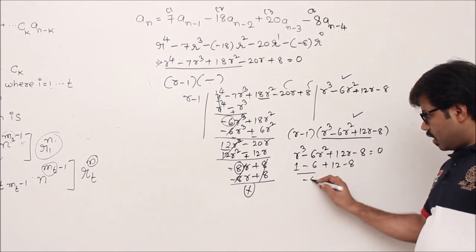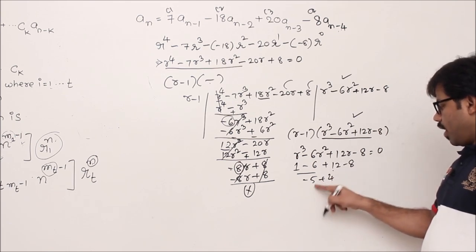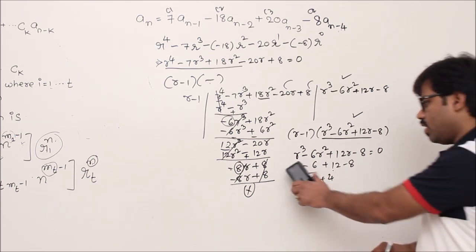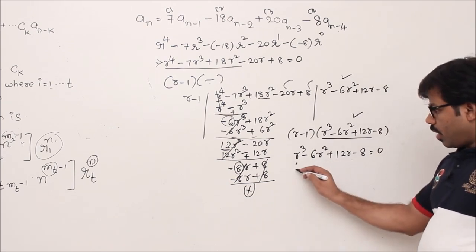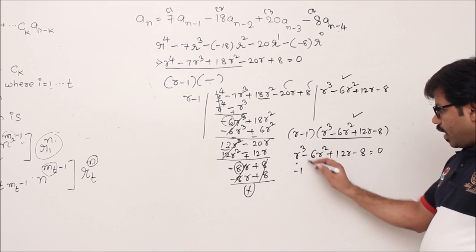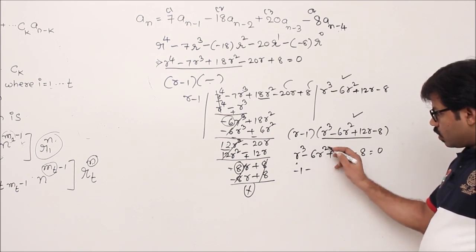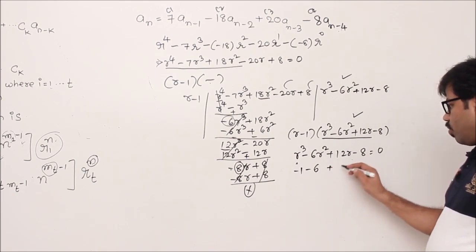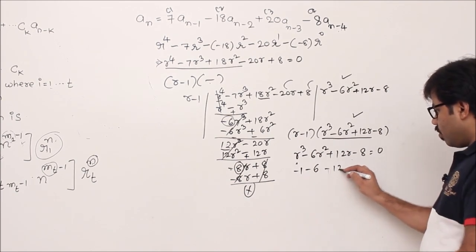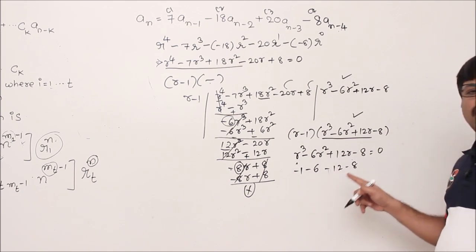So 1 minus 6 is minus 5, plus 12 minus 8 is 4, minus 5 plus 4. Is it 0? No. Then 1 is not a root. So let's try minus 1. Minus 1 whole cube is minus 1, minus 6 into minus 1 whole square is 6 into 1, minus 6, plus 12 into minus 1, minus 12, minus 8. So again it is not 0.